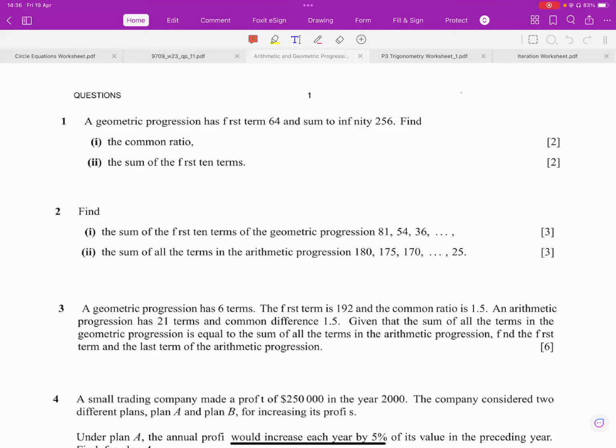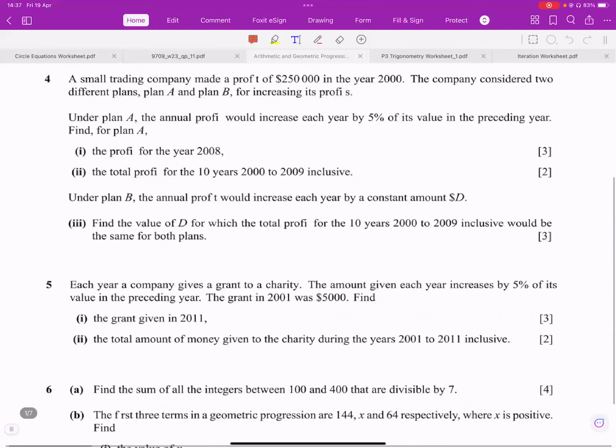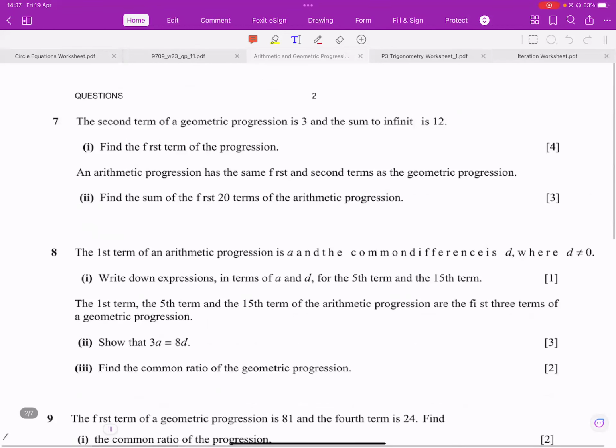Abdul Rahman, is that 31 and 7? Are these two separate questions? Yes, sir. Okay, so let's start with these questions 31 and 7.